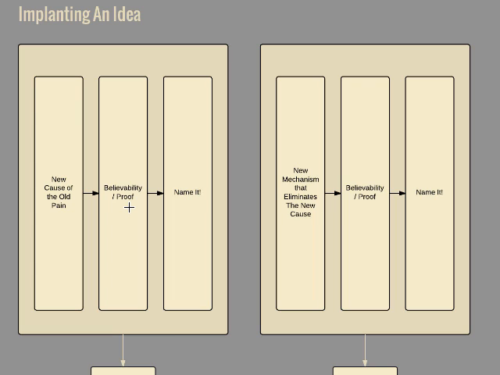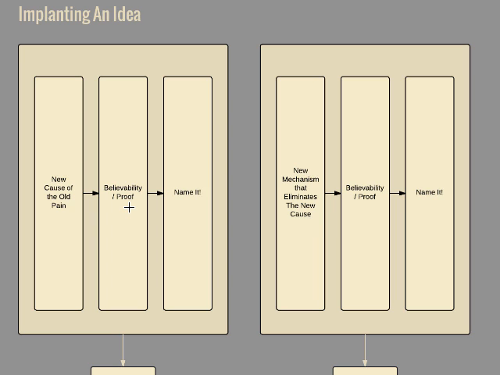The next thing is believability and proof. So you want to go through a process where you build a case and make it very believable for this new cause. You can use proof, you can use studies, you can use an expert who talks about it. You can show the medical journal or whatever, show how that new cause was discovered.